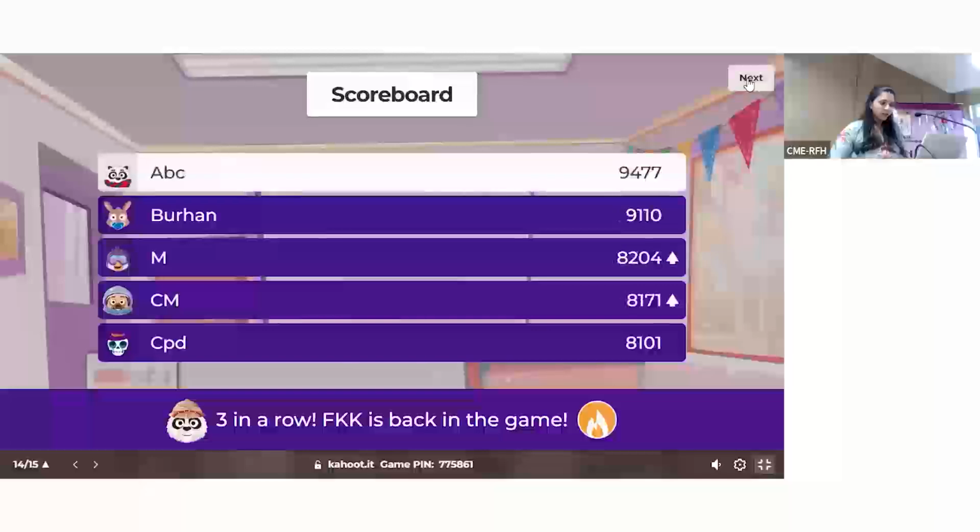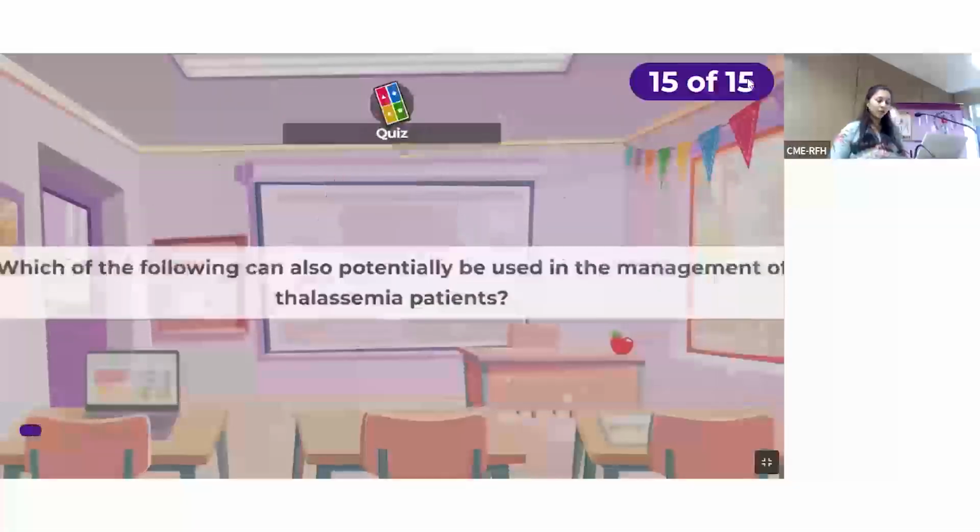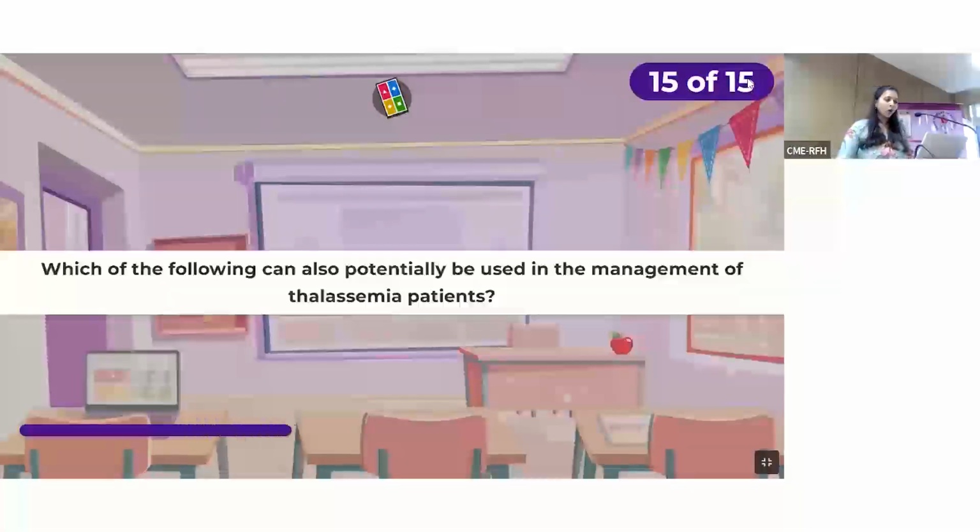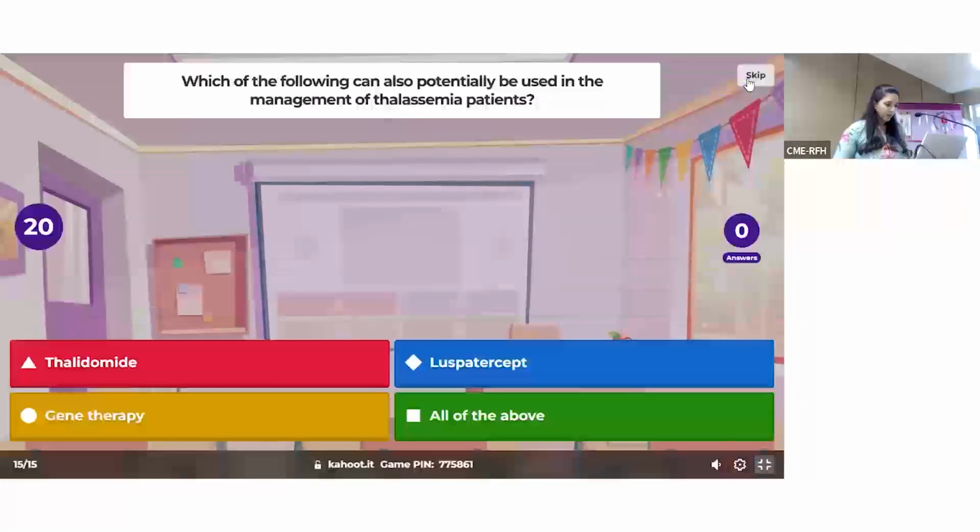Coming to the next question. The last question of the quiz. Which of the following can also potentially be used in the management of thalassemia patients? Is it thalidomide? Is it luspatercept, gene therapy, or all of the above?